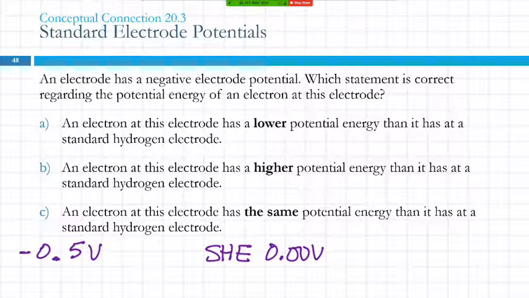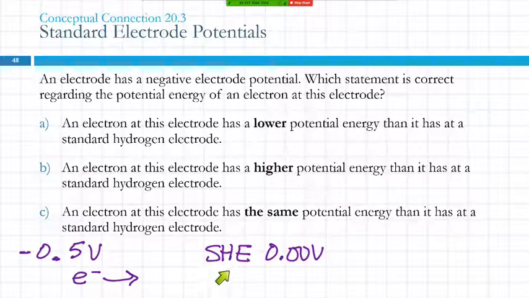Would it be a higher potential since it's positive? Electrons move from a high potential energy to a low potential energy. High to low. It's very confusing because the plus and the minus seem to be backwards there. So at a negative electrode, the electrons want to leave.